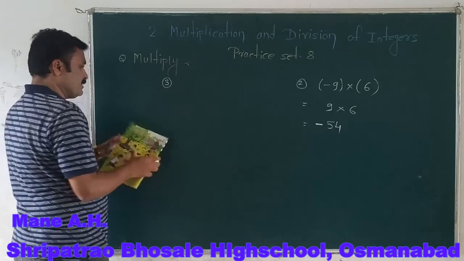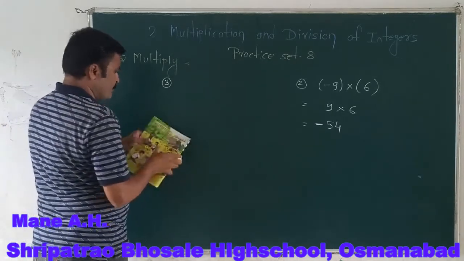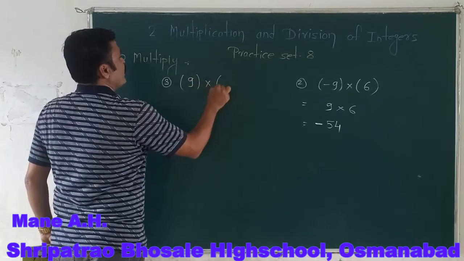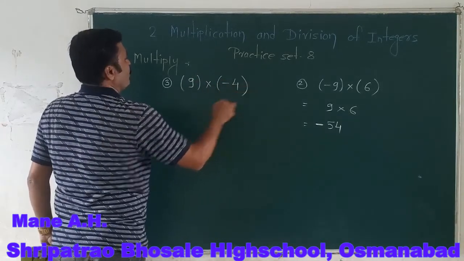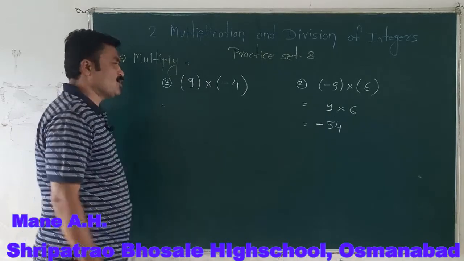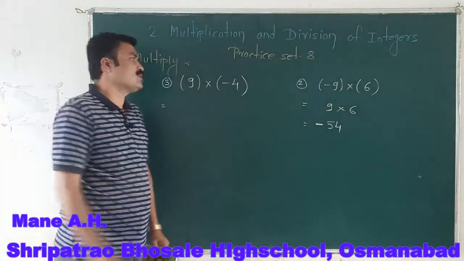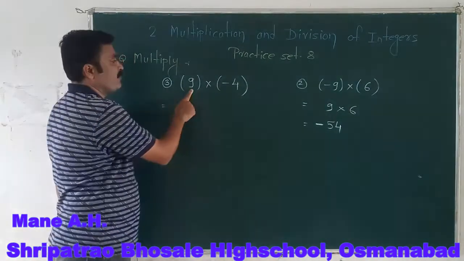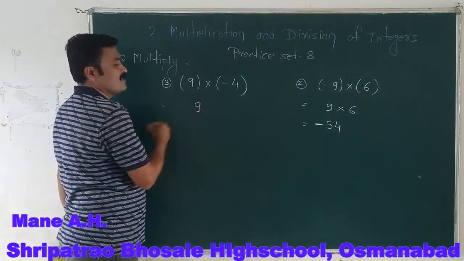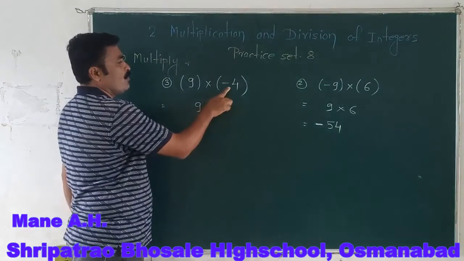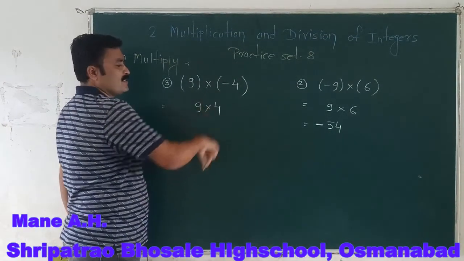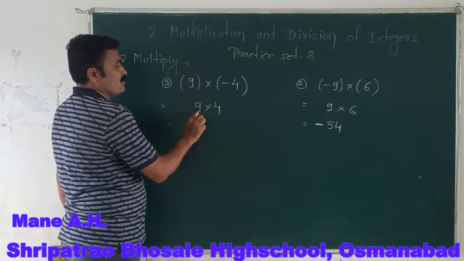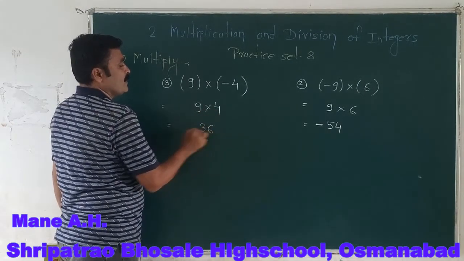The third example is given as 9 into (-4). Here 9 is a positive integer, and minus 4 is a negative integer. We take the magnitude of 9, that is simply 9, into the magnitude of minus 4, which is simply 4. So take the product of these magnitudes: 9 fours are 36.